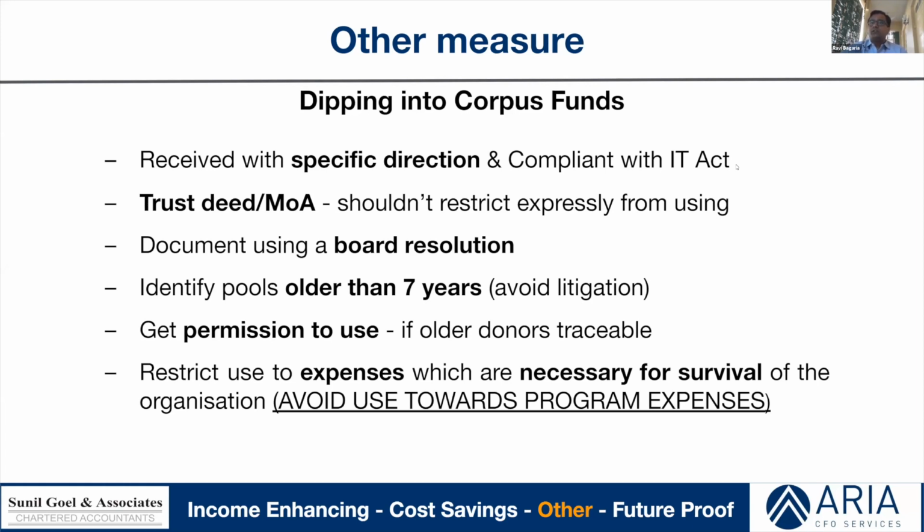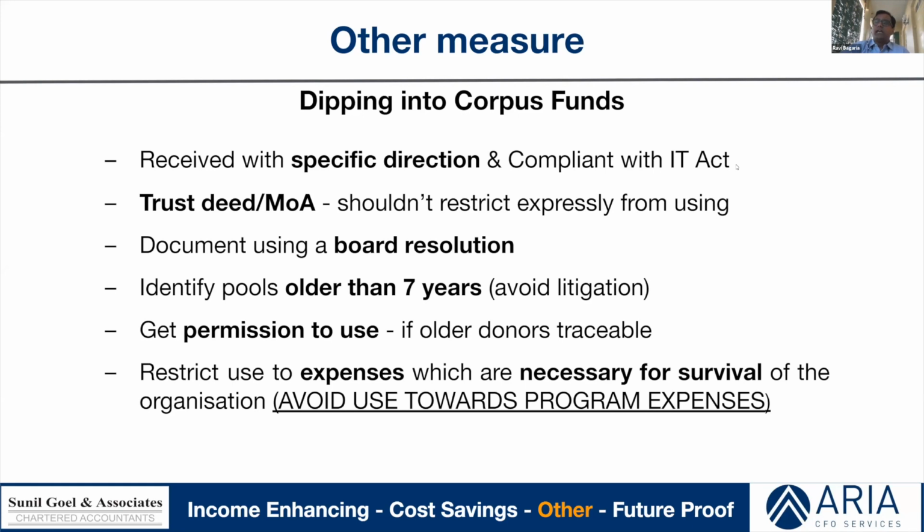If they don't, go ahead, pass a board resolution to see how much of your corpus you need to dip into. Make sure that if it's possible, dip into corpus which is more than 7 years old, as it will help you avoid any litigation from the income tax perspective.